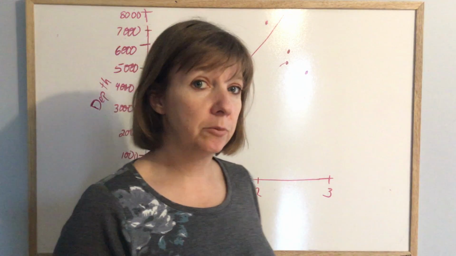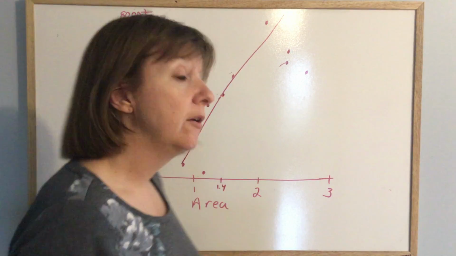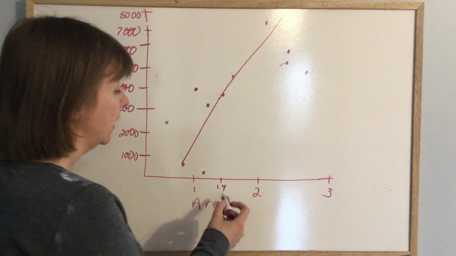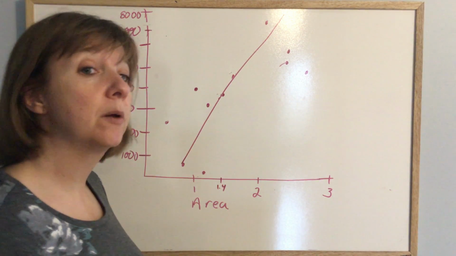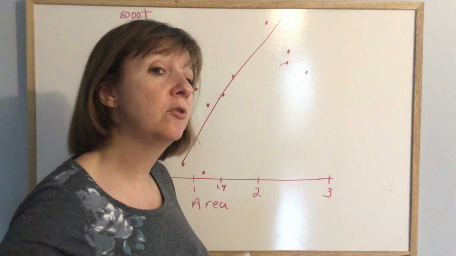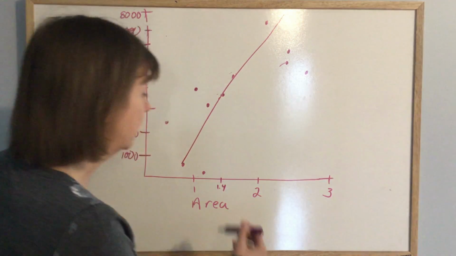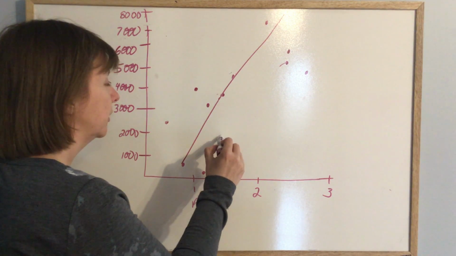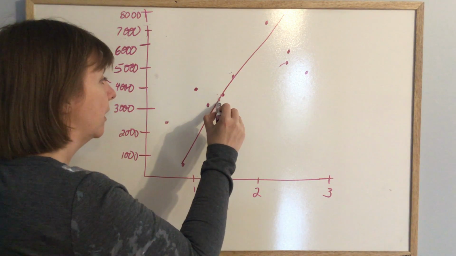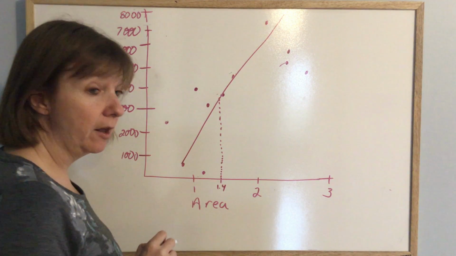Now, if I interpolate, what that means is if I'm going to look for the depth of the sea at 1.4, I'm not going to go up and actually look for a dot. What I'm going to do is go up to where my line of best fit is. So I'm not looking for a specific dot. When I interpolate, I'm going up and saying, there's my line of best fit.